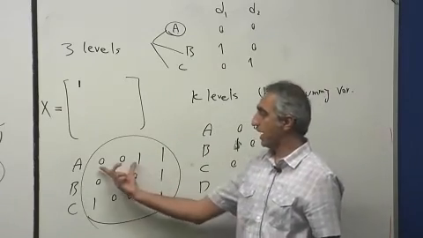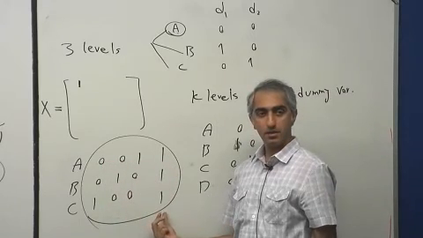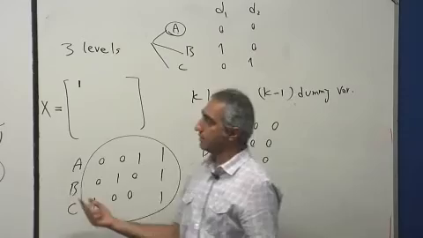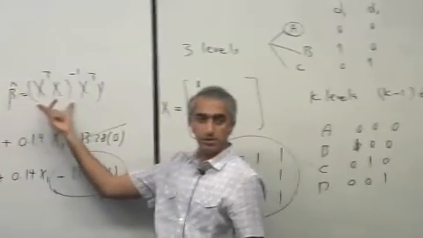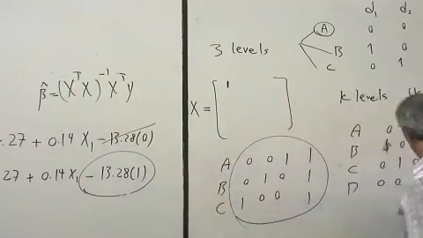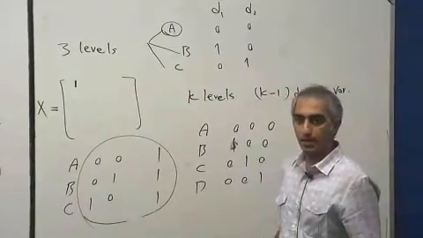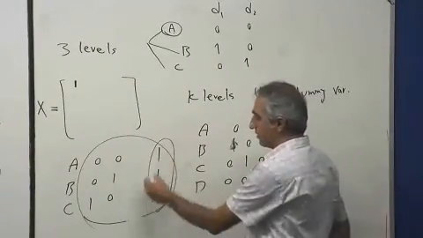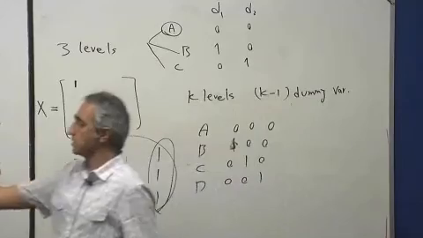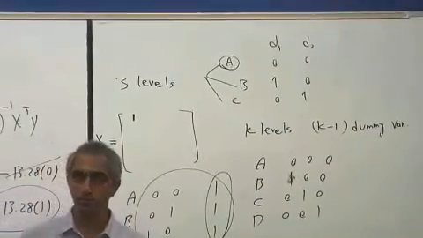For example, if you add these 3, you get this one. So what is the problem with that? X transpose X is going to be singular, so you cannot do the inverse. Therefore, we just get rid of one of them. And that's why this one represents the baseline, which is the intercept. Does it make sense?